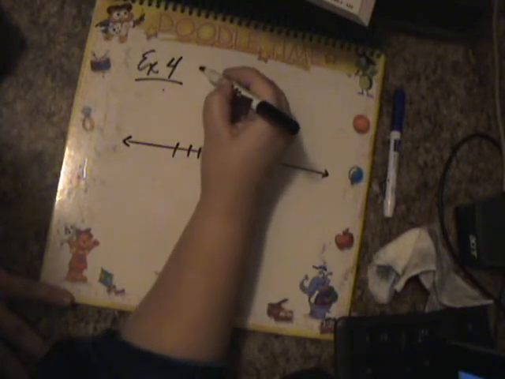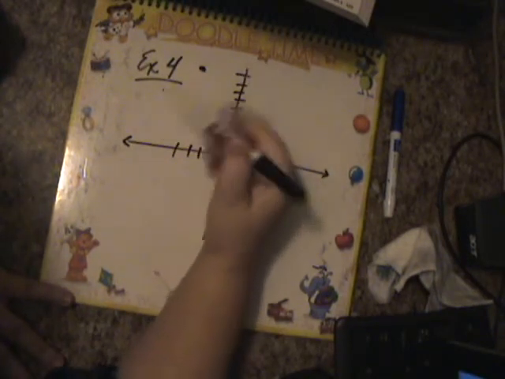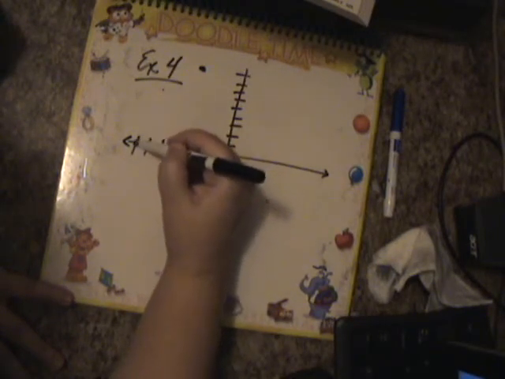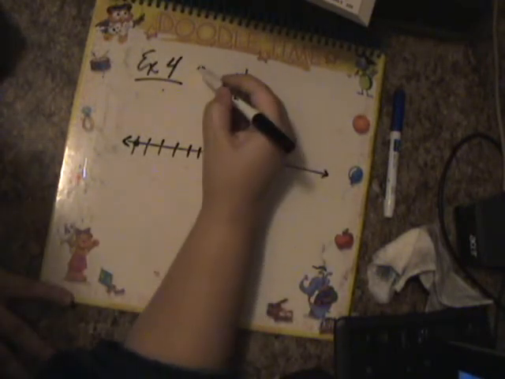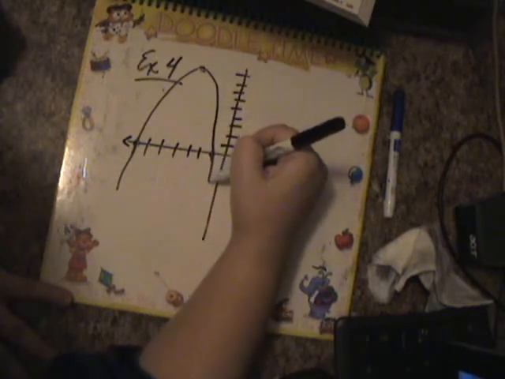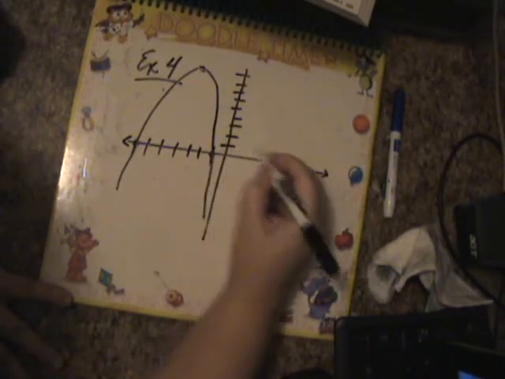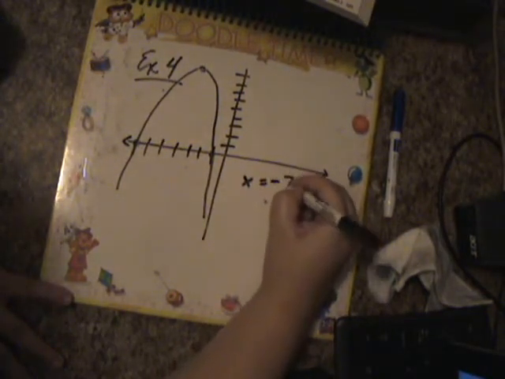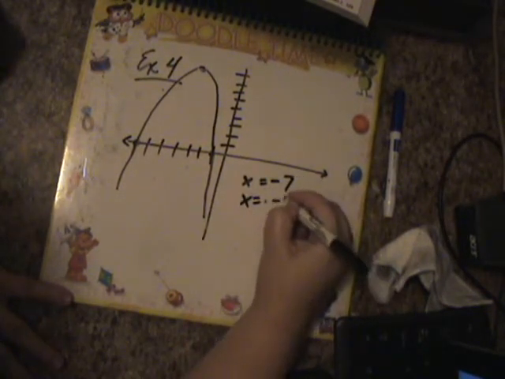Okay, so it's up here. It's negative, so it goes down, and then 7, and then negative 1. And when you check it, and you actually look at the graph, this is what you will find: it crosses at x equals negative 7 and x equals negative 1.